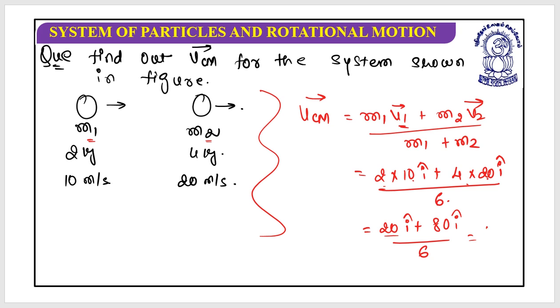So this is 20 plus 80, that is 100 by 6 i cap, and this would be equal to 50 by 3 i cap. This is the velocity of center of mass. I hope this is clear.